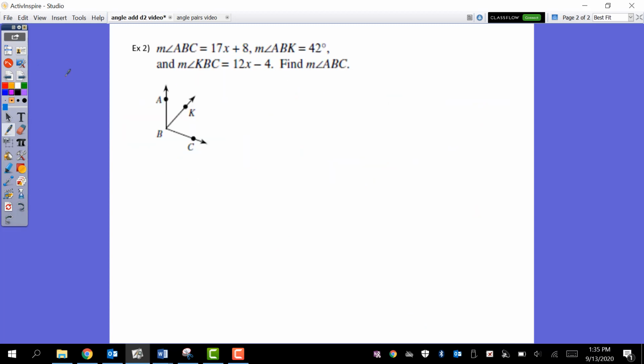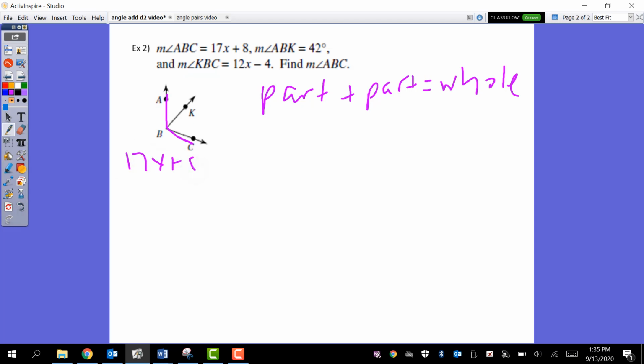Next example. Again, I have a whole angle. I can tell that there's parts and wholes, so I know I'm going to be doing part plus part equals whole. So I'm going to write that down. Not very pretty, but it's there. Okay. So it says angle ABC. So I'm going to trace ABC is 17x plus 8. And I can tell that's the biggest angle in the picture.